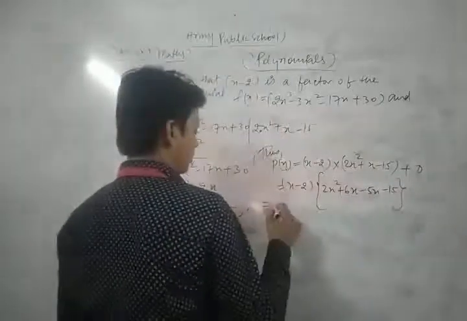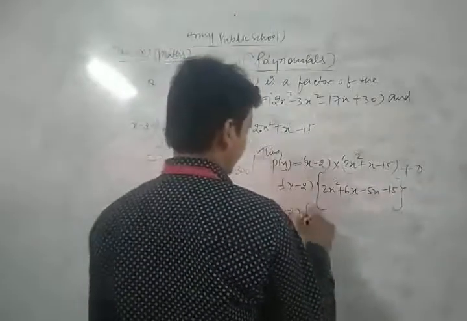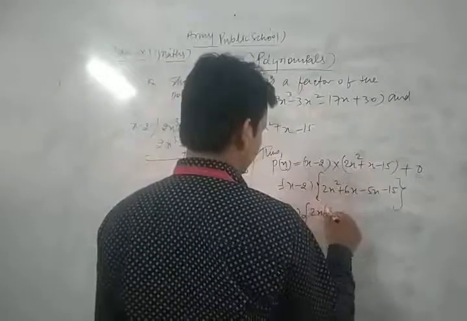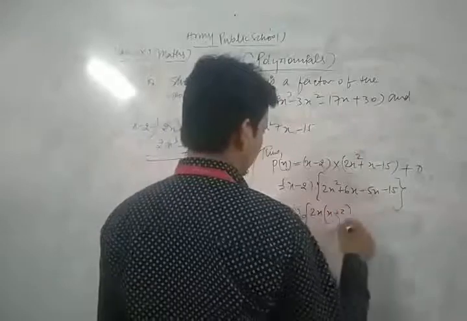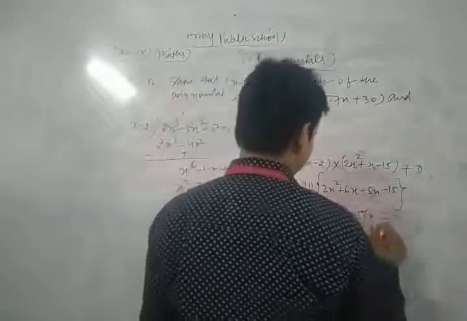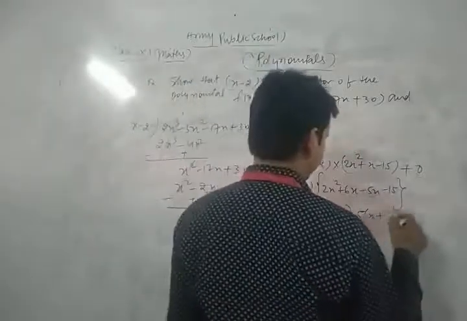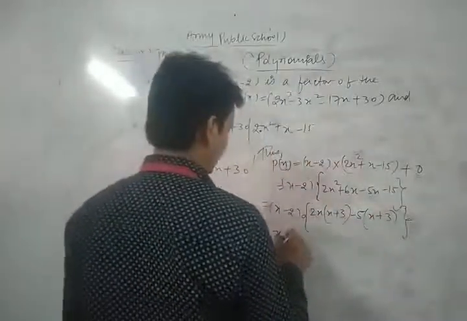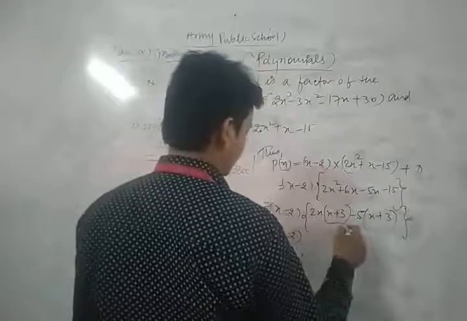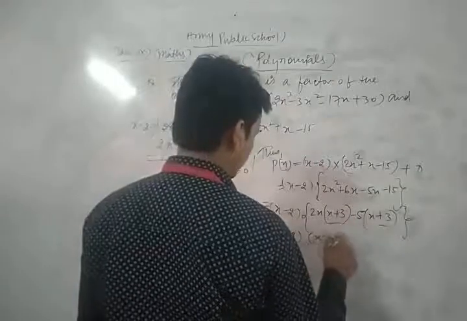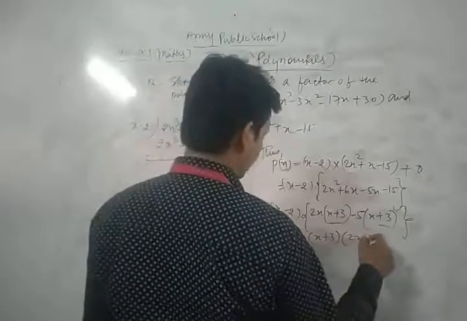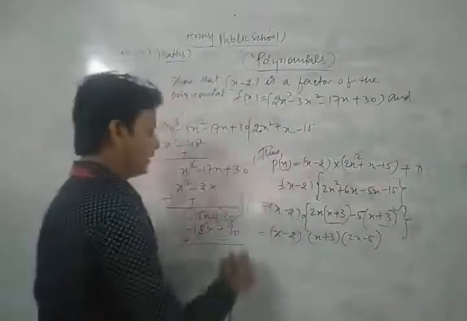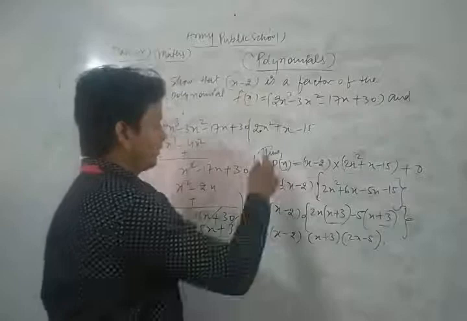Now this is x minus 2 and in another bracket we take 2x as common, so x plus 3 is 6, minus 5 into x plus 3, we take x plus 3 as common and 2x minus 5.